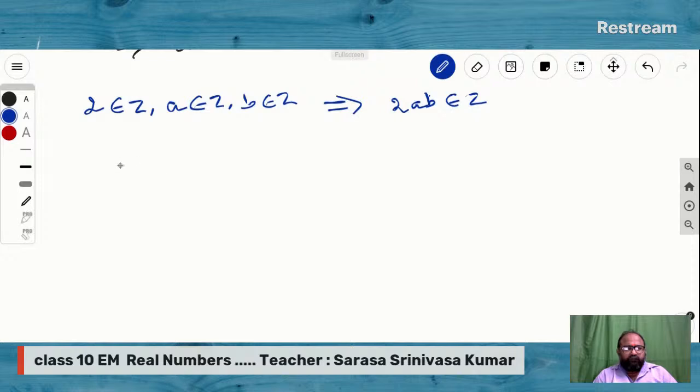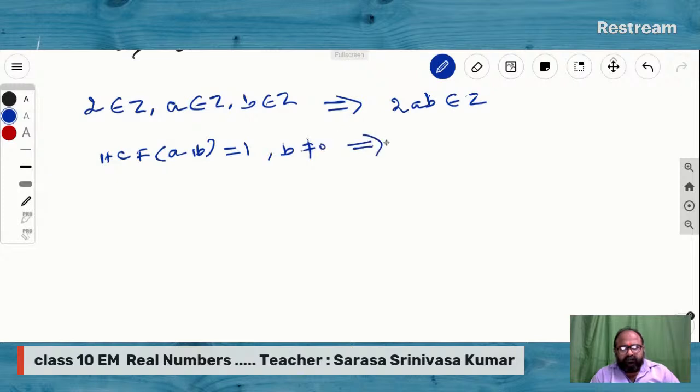Now the highest common factor of a and b equal to 1 and b not equal to 0.